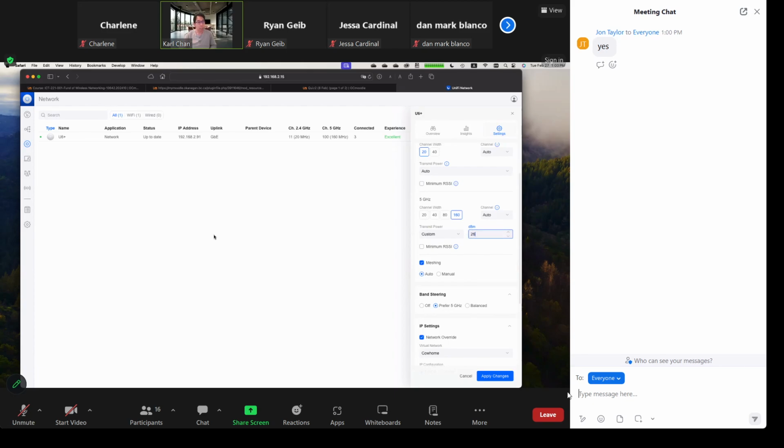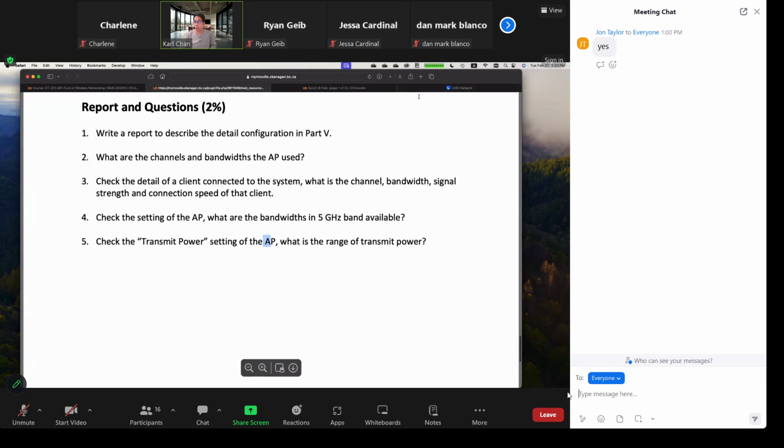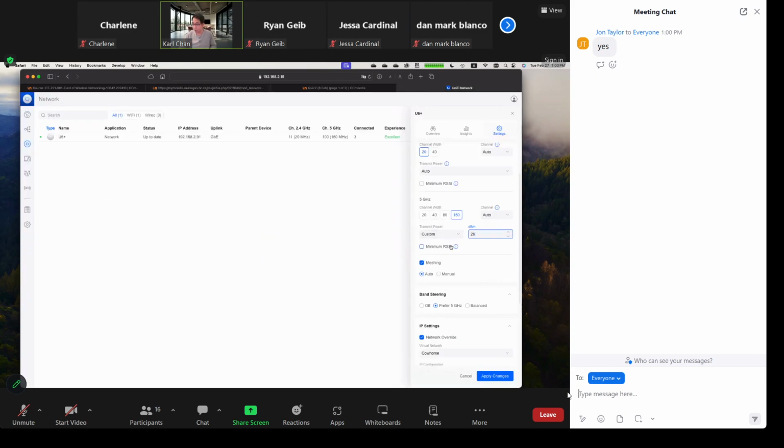I would like to talk about the power here more. We have minimum RSSI here, right? This minimum RSSI is the power at which the AP will drop the client, so it can reject the client.